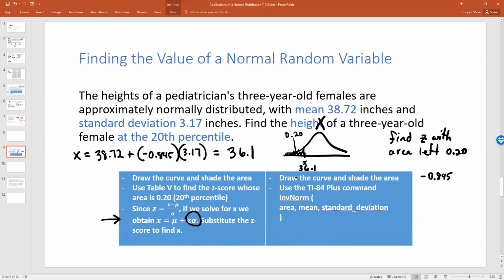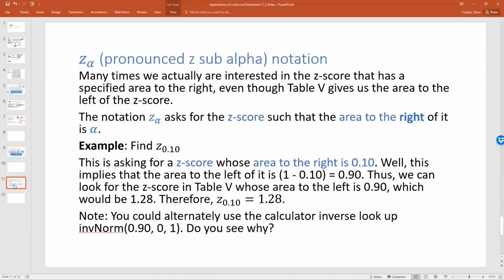And then this part over here gives you the calculator function. I'm going to save and post this very slideshow that I've marked up. I hope it looks okay. And I want you guys on your own to read this last slide.